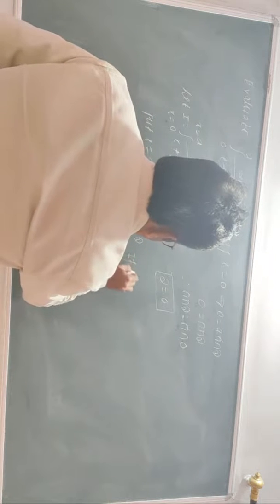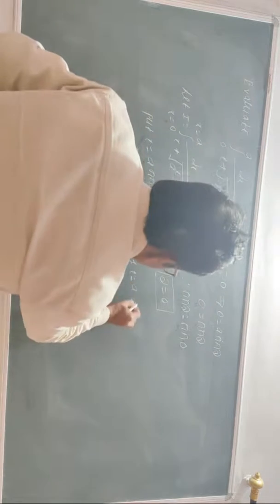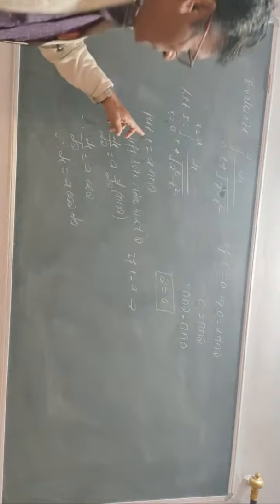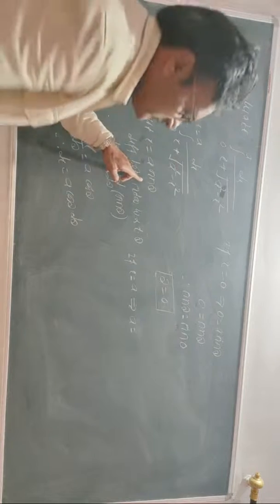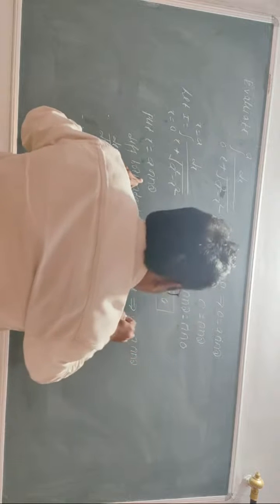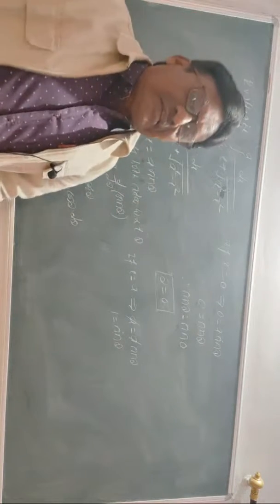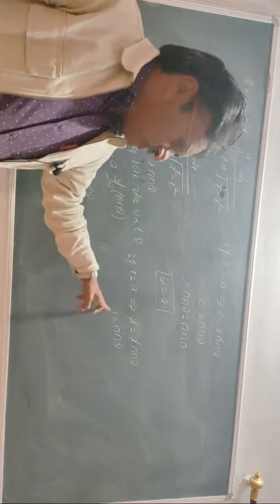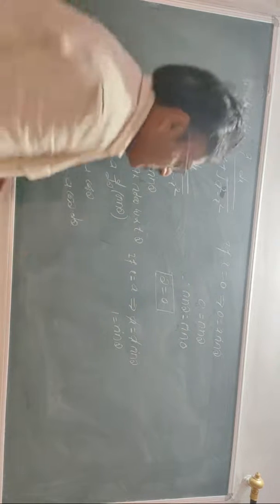Next we find the new upper limit. If x equals the upper limit a, then in the substitution we put x equals a. So a equals a sine theta, then this a gets cancelled, so 1 equals sine theta. But we know that 1 is the value of sine pi by 2.